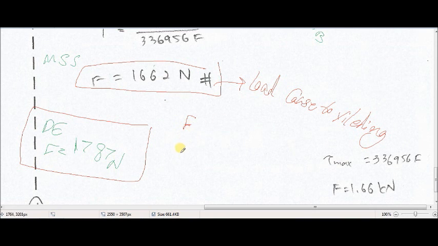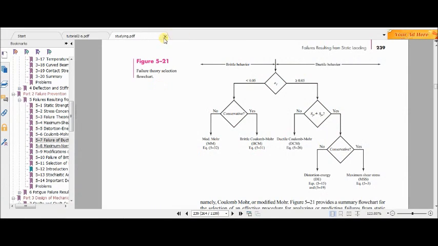I can write it this way: F_MSS is lower than F_DE.